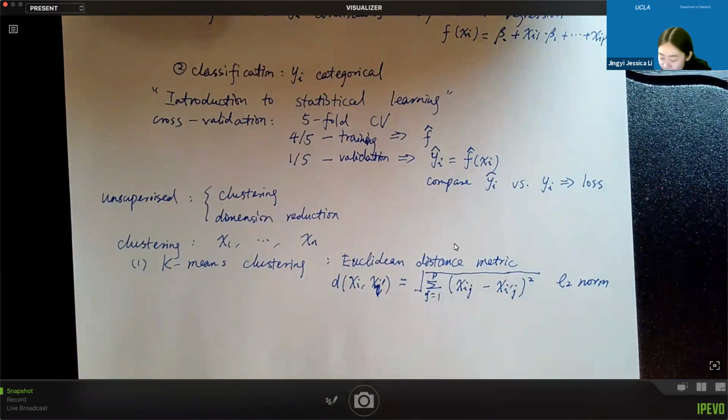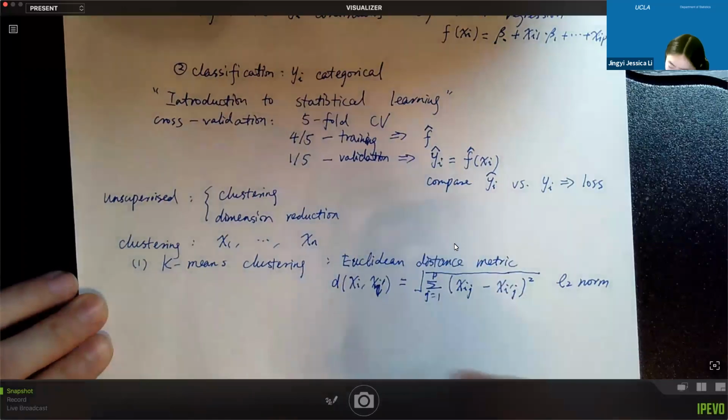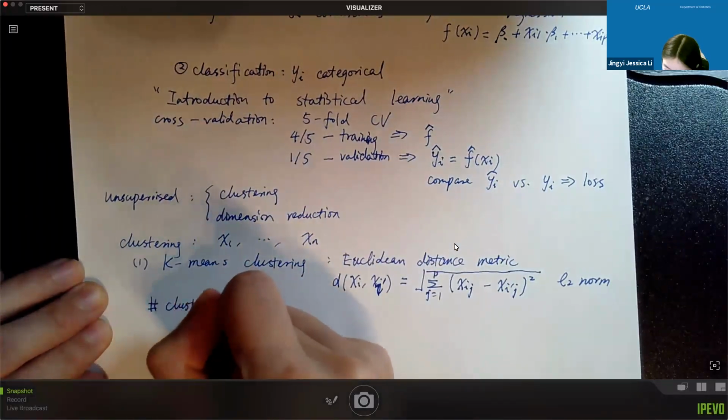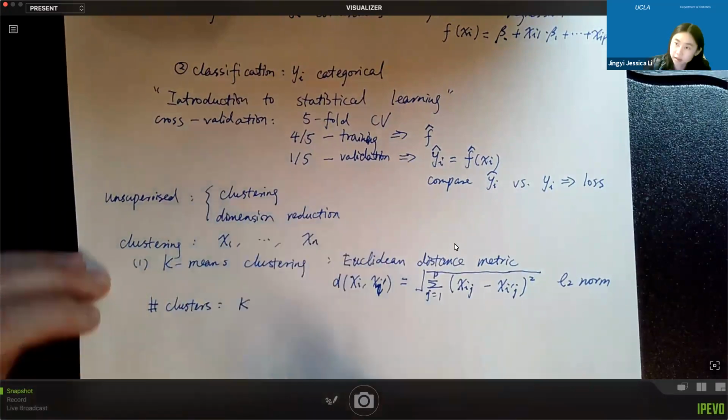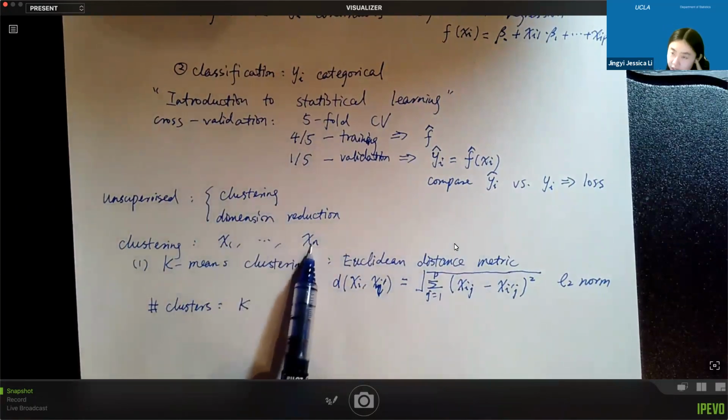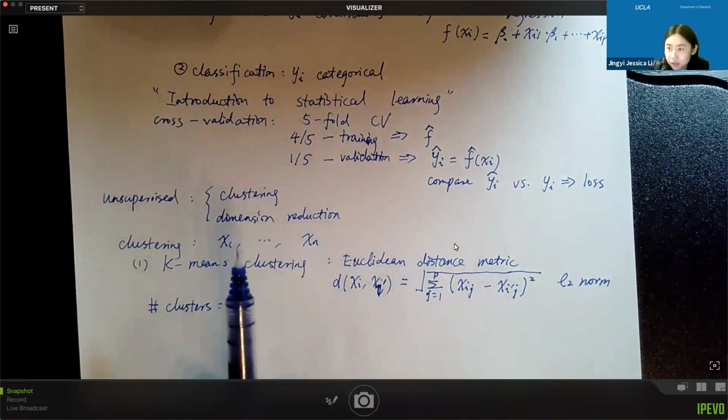Okay, so k-means means that we want to find k clusters. The number of clusters is set to be equal to k, and this is something you need to pre-specify. Then we want to find k centers so that we assign each of the n data points to its closest center to minimize the within-cluster square distances.